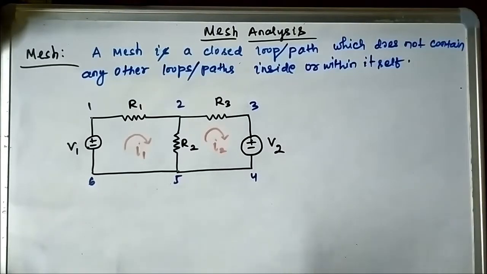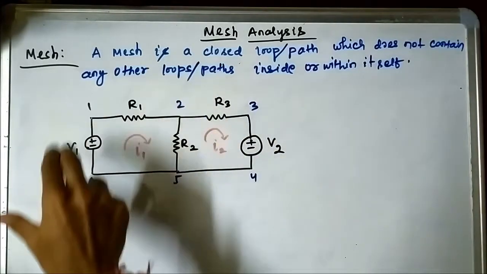The condition for that closed path to be a mesh is that it should not contain other loops or sub loops or sub paths inside itself. It should be a closed path in itself and should not contain other closed loops within it. That is called a mesh.